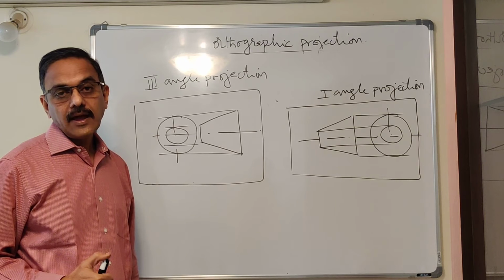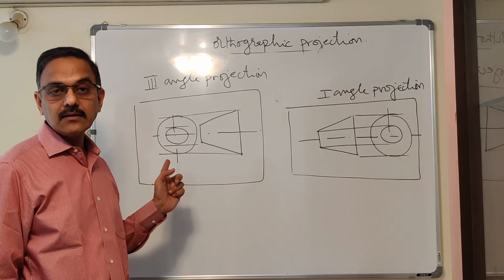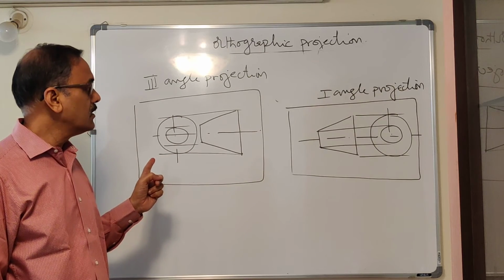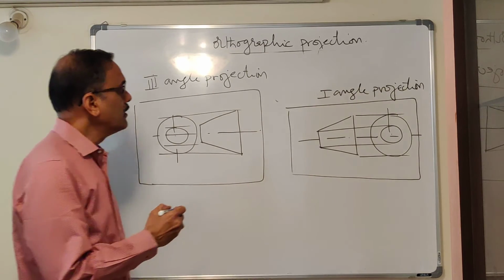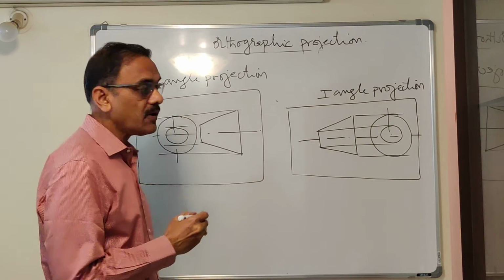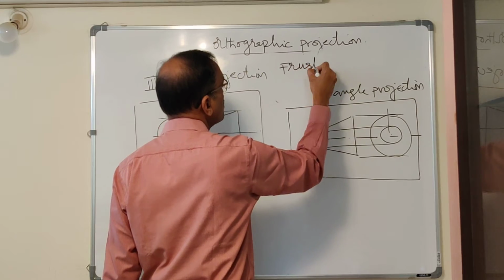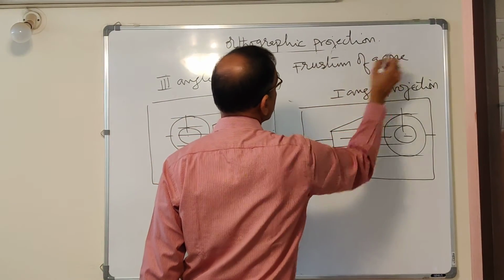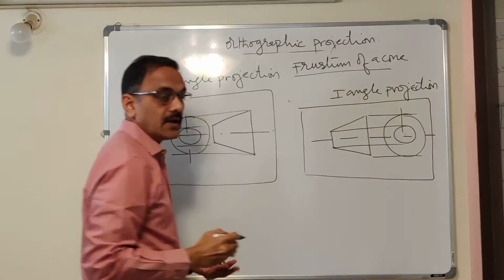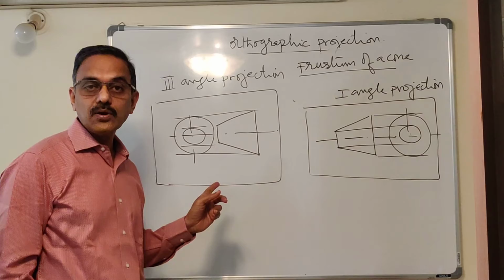And then I had explained what is the symbol used for first angle and third angle projection methods. What was the object selected for getting the symbol? It is called a frustum of a cone. Frustum, F-R-U-S-T-U-M, frustum of a cone. I had shown you how a frustum of a cone appears.